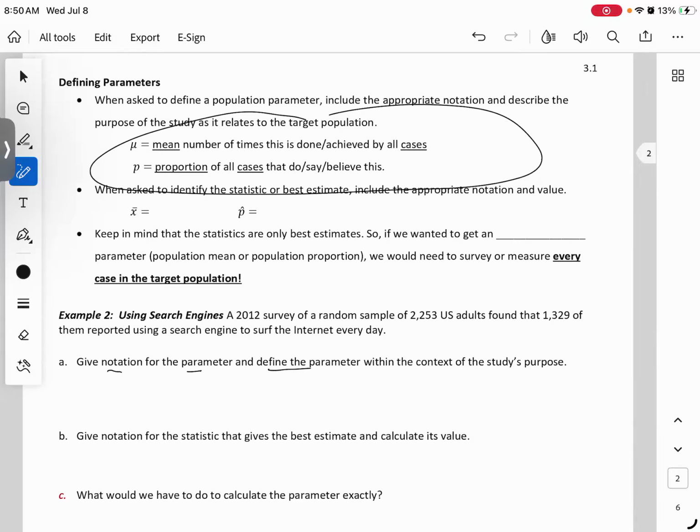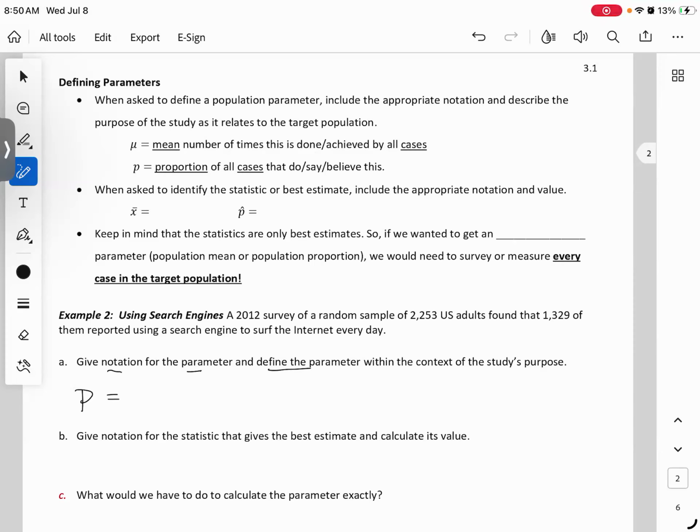So since this one is not about means and averages, you don't need the top one. This was a study about proportions. They gave us what fraction of people were on the internet every day. So you're going to use this one here, which the notation would be P, because they didn't want to just only know about this sample of people.